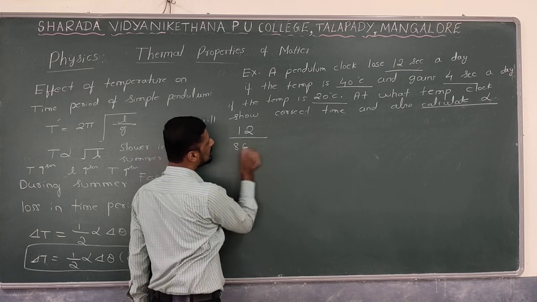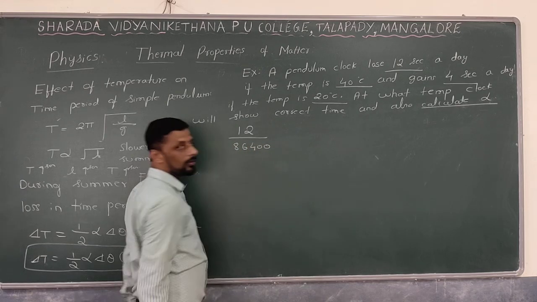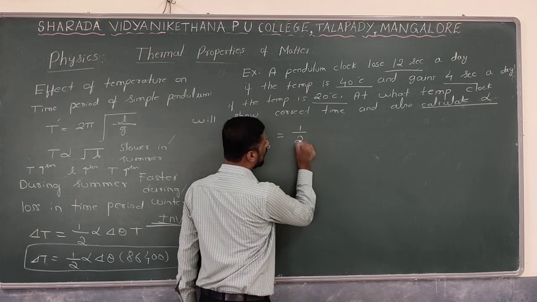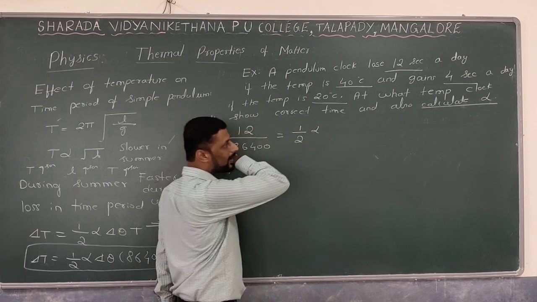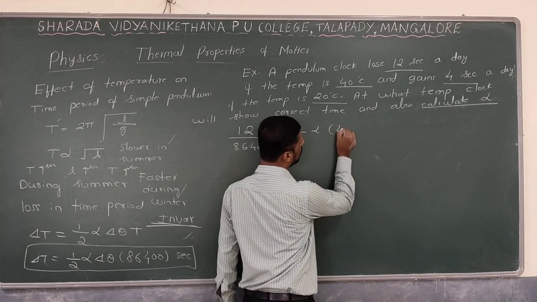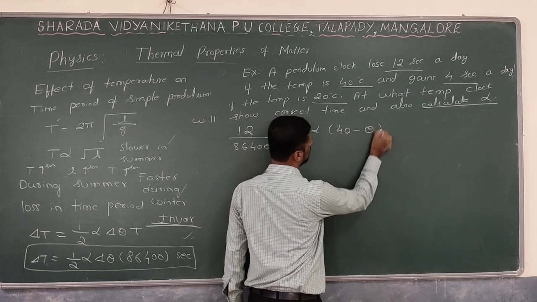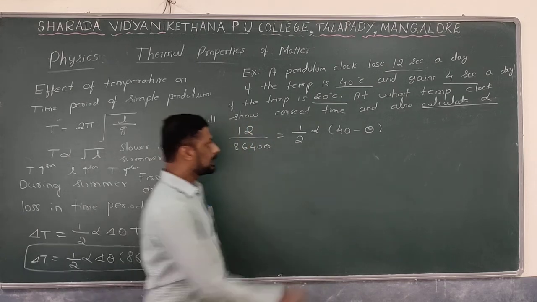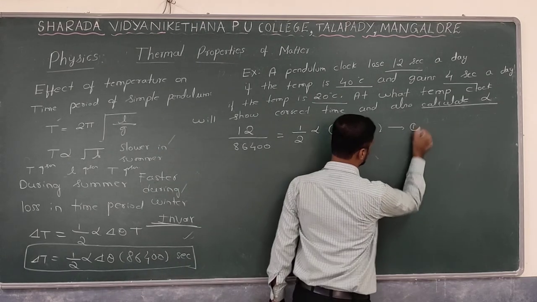In a day means how many seconds? 86,400 seconds. That is equal to half into alpha into delta theta. Here the temperature is increased to 40 degrees Celsius from a particular value. We don't know that value, so I will take that value as theta. So take this equation as 1.